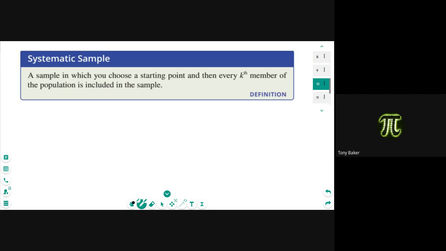What if I took the sales data from a store and it's listed in order of dates and I pick every 7th piece of information? Is that random?